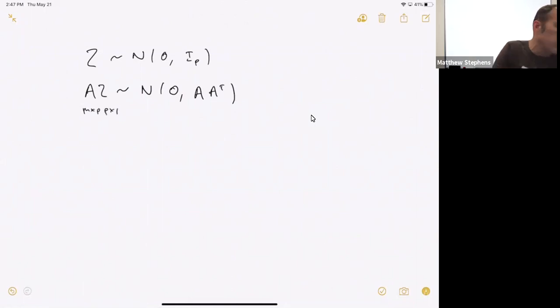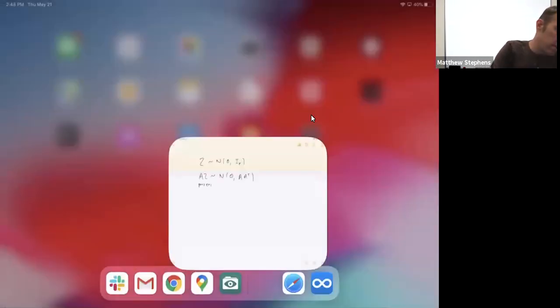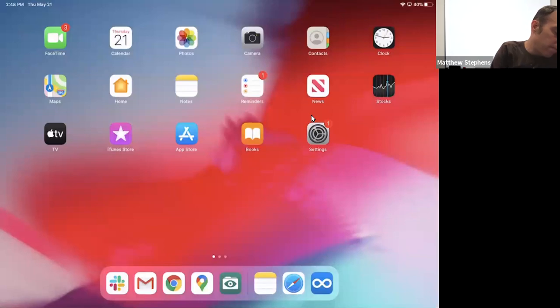That's just coming from the fact that if z is normal 0, I_p, then Az is normal 0, AA transpose, where A is m by p and z is p by 1, for any A. In this case, A is 1000 by 1000, so it's actually p by p. Okay. So that's where that comes from.